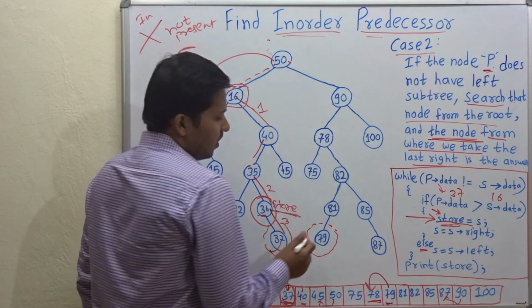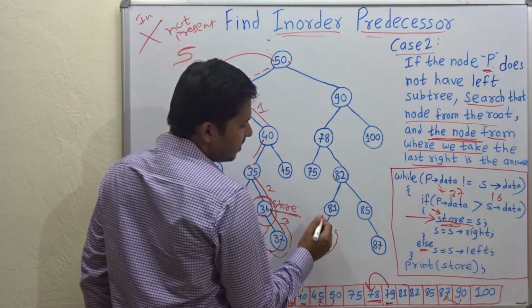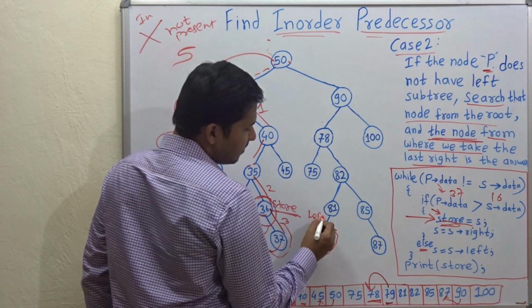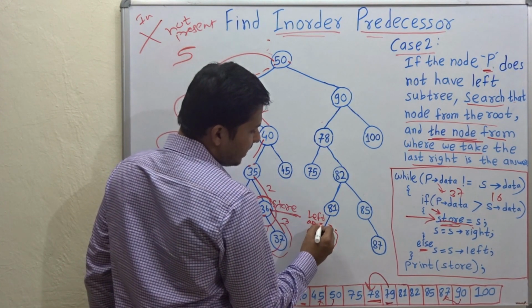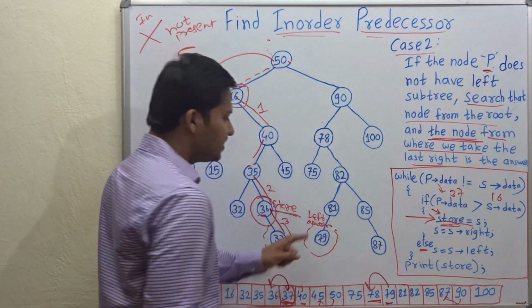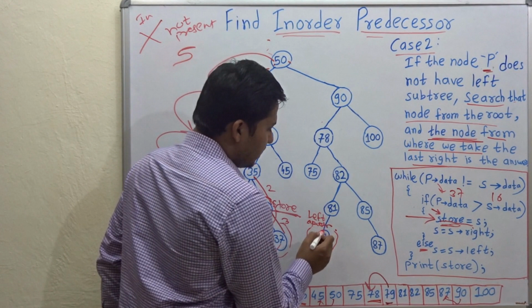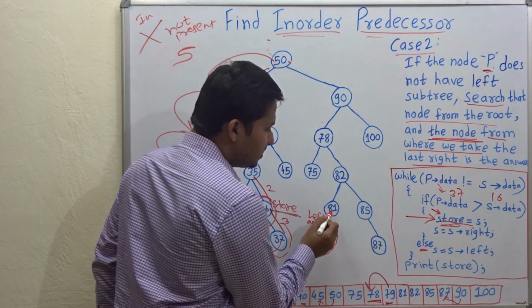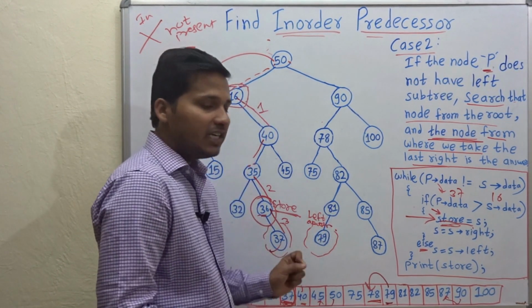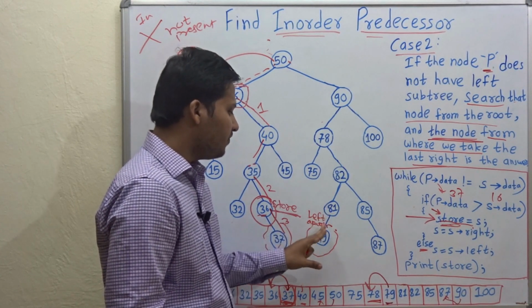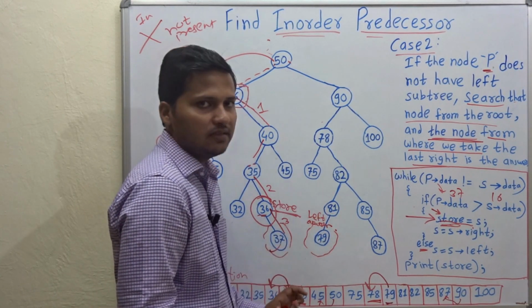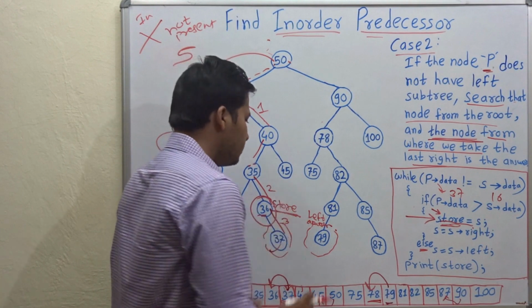Now, 81 is the left ancestor of 79. What is the meaning of left ancestor? If 79 is the left child of 81, that means 81 is the left ancestor of 79. That is the term I am using here.